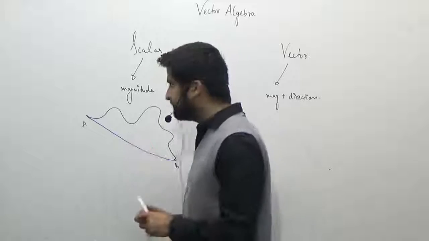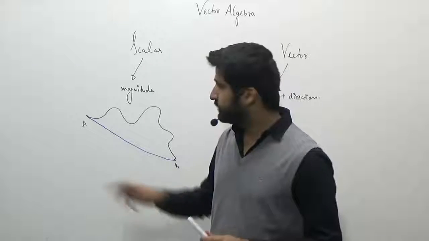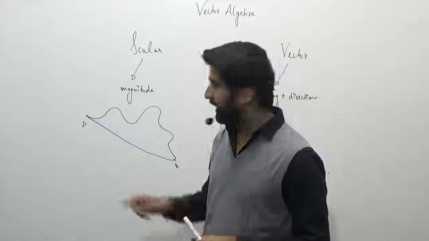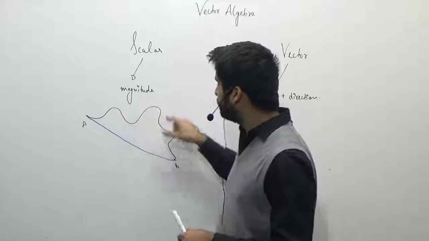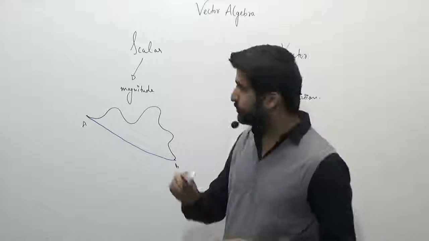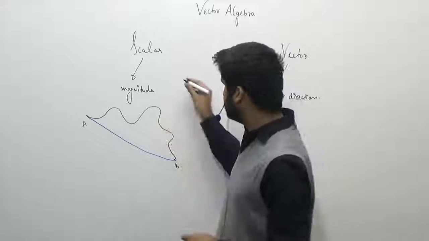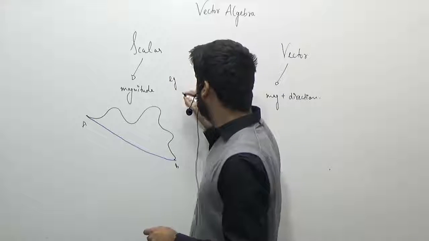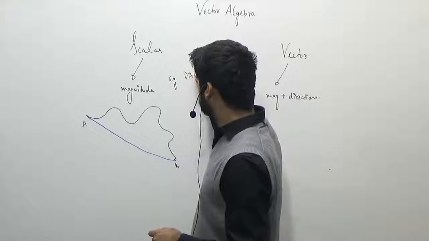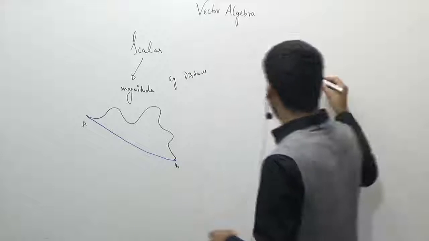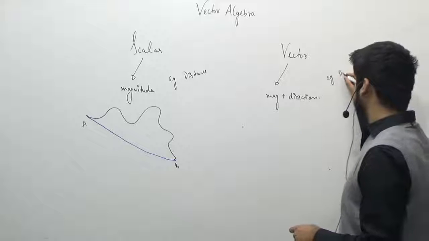So this displacement is the shortest route. It is only direction dependent, while in case of distance we have to see the whole path. So the basic examples which we get here are distance, and here we get displacement.